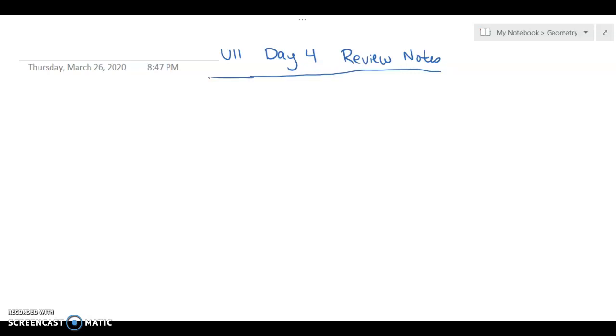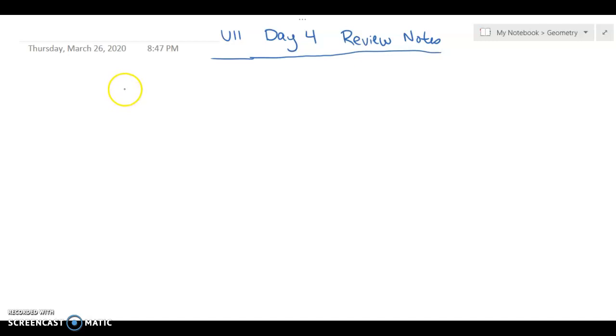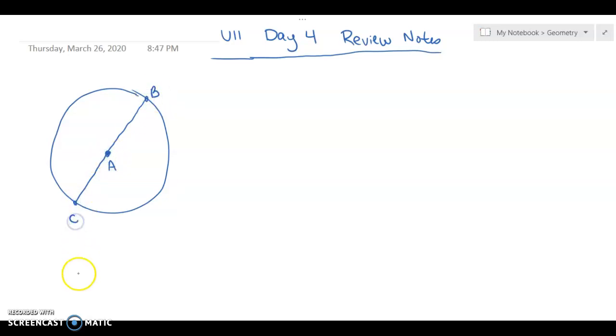Okay, so one of the first things that you started off with was all that vocab stuff. So if you had a circle, and let's say that it's circle A, and let's say that you have a line going through it like this, and we'll call this B, we'll call this C, and then let's put a line through B like so, and then let's put a line through C, but we'll go through another spot on the circle, and we'll call this point D here.